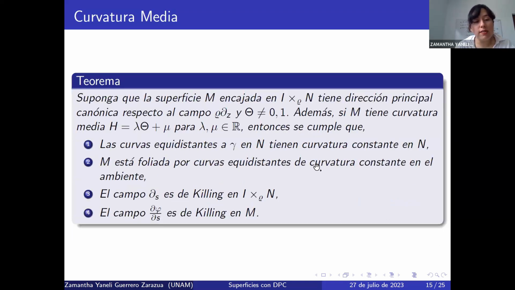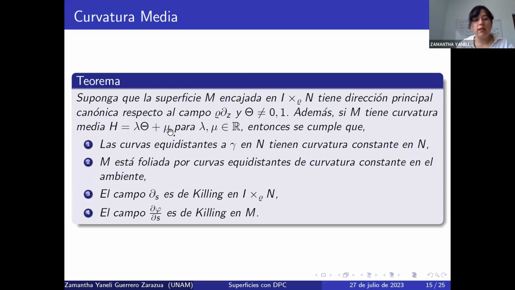All right, the first thing we can say is if we have n immersed in a warped product, and we have that property where it's neither orthogonal nor tangent to the closed conformal vector field, and we also have that the mean curvature is equal to some constant times the angle function plus another constant. I forgot to change this here, but this is the angle function.